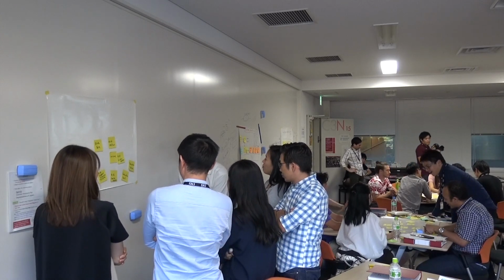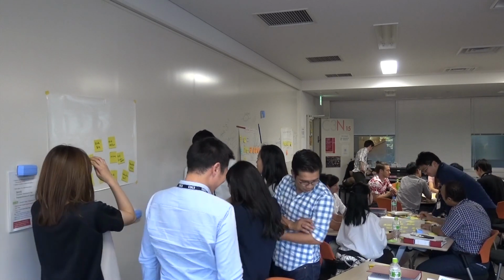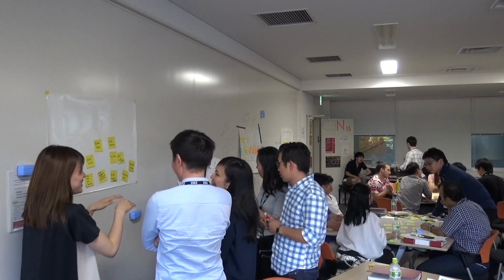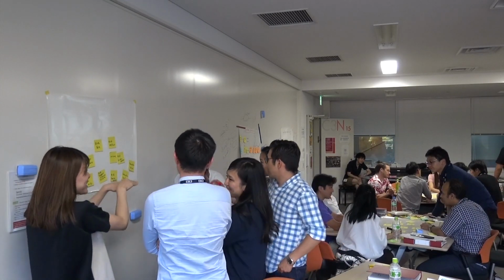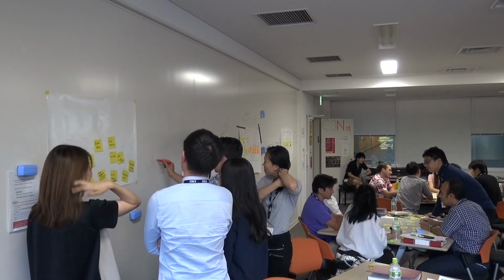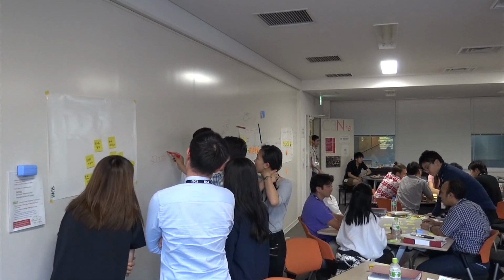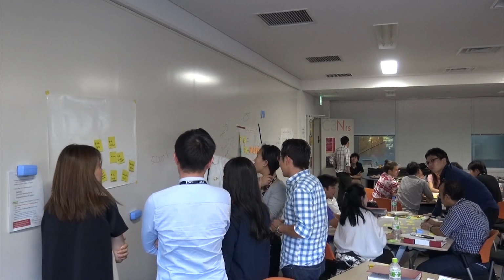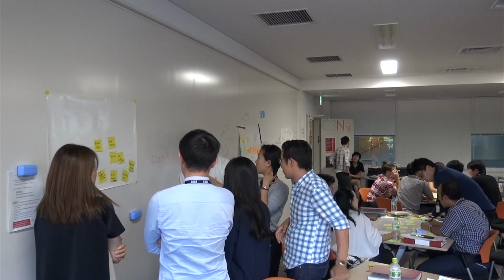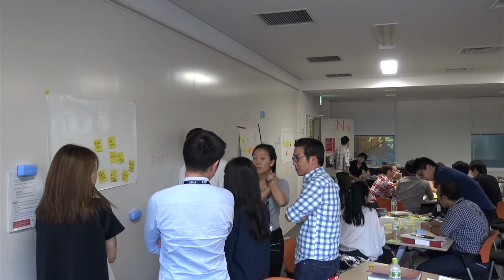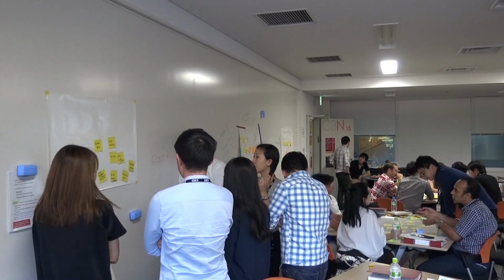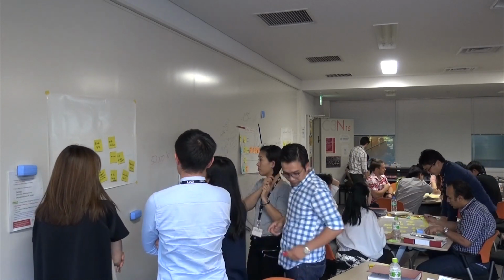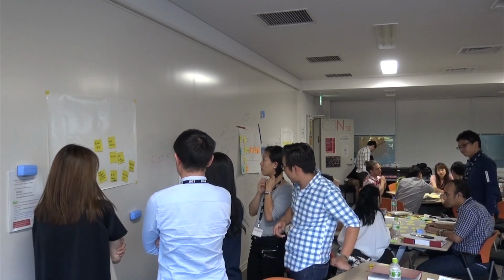Kindergarten. That's the minimum. It's not the minimum. Private kindergarten, yes. Public costs 20,000 yen per month.